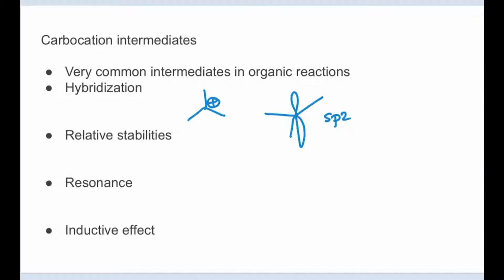We know it's flat, we know it has an empty p orbital, and we can start thinking about relative stabilities of carbocations. It turns out you can have 3 R groups around a carbocation, and we would call that tertiary. We could have just 2 R groups and a hydrogen atom, and that would be secondary. And we could also have primary, so 1 R group on there, or all 3 groups be hydrogen atoms, and that would be a methyl.